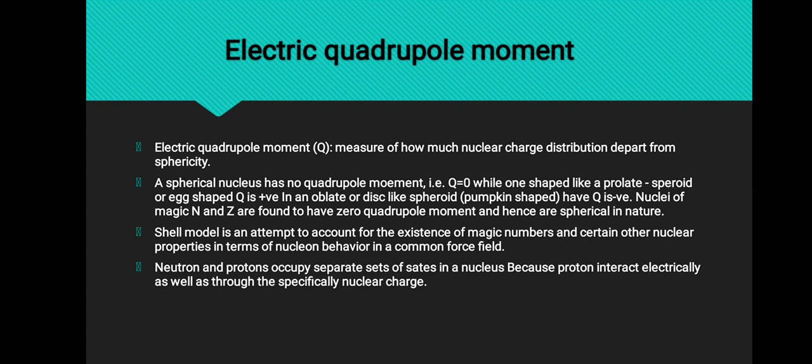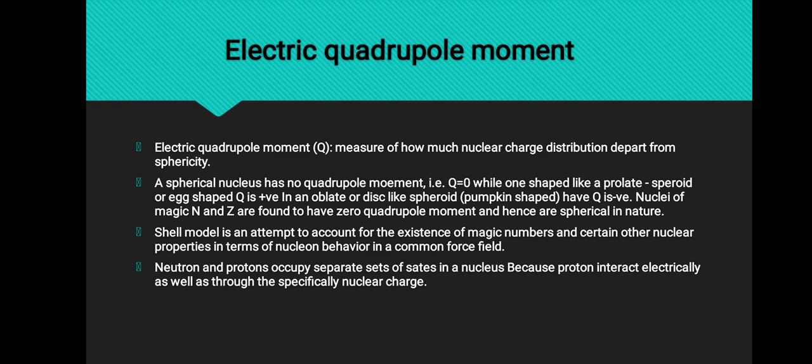An oblate, or dish-shaped, spheroid has Q negative. Nuclei of magic N and Z are found to have zero quadrupole moment and hence they are spherical in nature. Means when the nucleus is spherical Q is 0, when it is egg-shaped Q is positive, and when it is a disc-like spheroid Q is negative.